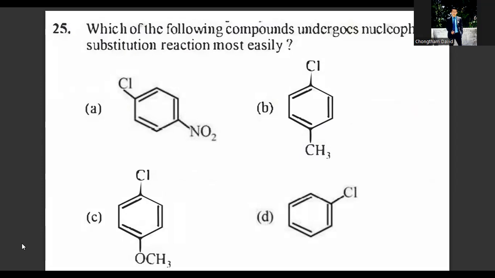So to compare the rate of substitution in chlorobenzene having EWG, also known as electron withdrawing group, and chlorobenzene having ERG or electron releasing group.